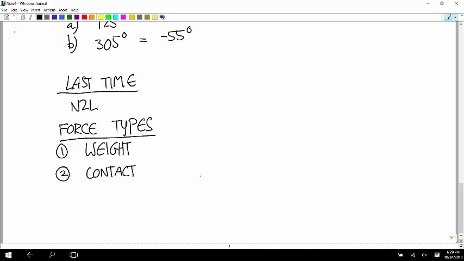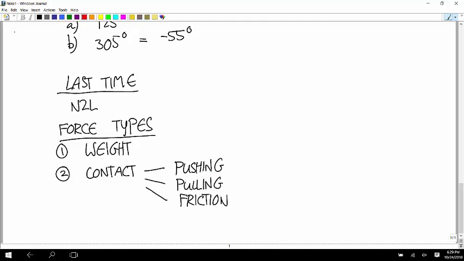But contact forces are broken up into a few different types. The first one is pushing contact along a flat surface. The second one is pulling. And the third one is friction. I guess that's all.